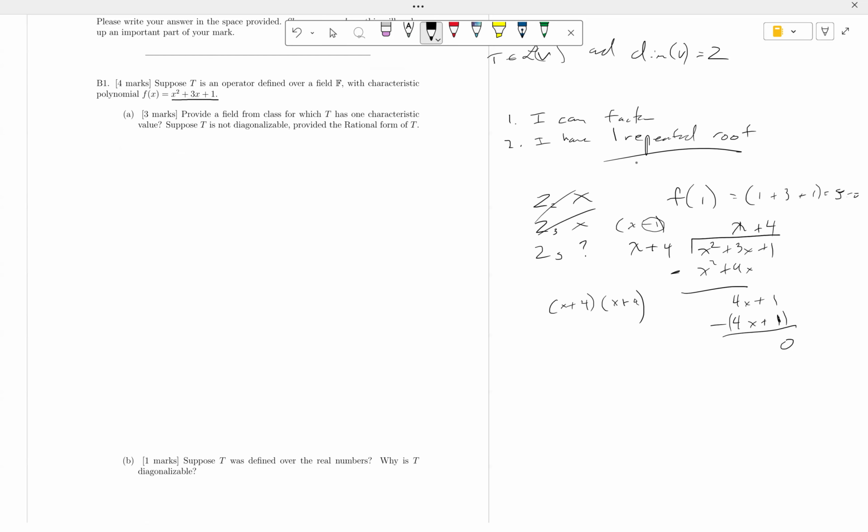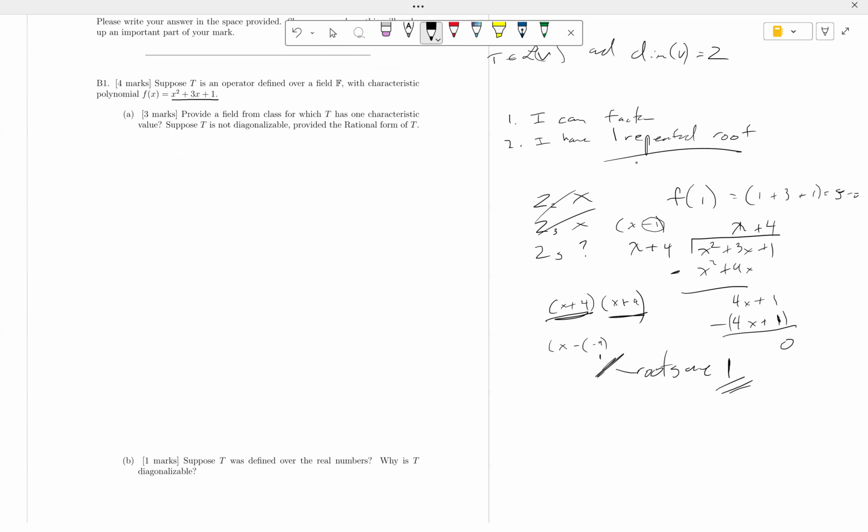Now, if I want to know what the characteristic value is, it's the root. The root of the expression is x minus 4, or 1. So my root is 1. Even though the factors are x plus 4, my root would be 1.